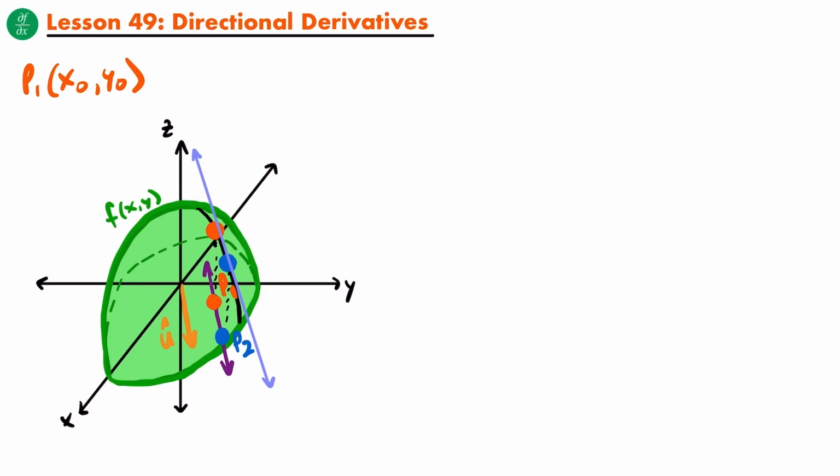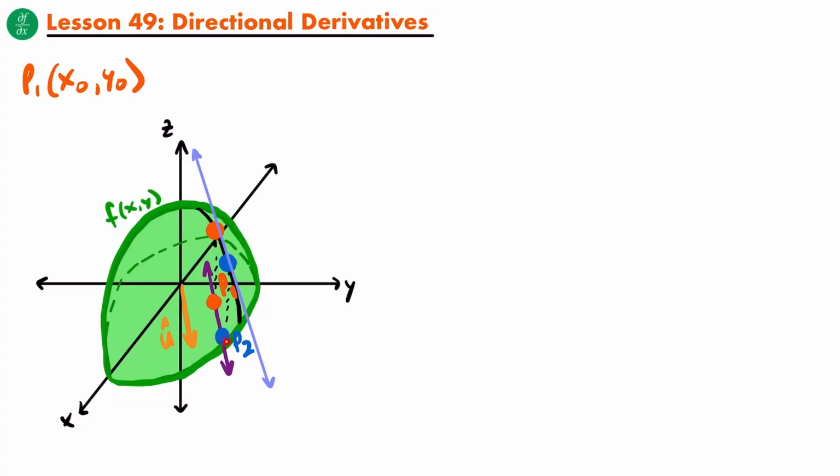All right, in other words, as point P2 approaches point P1, this secant line approaches the tangent line at this point, which would have the slope that we are interested in, the derivative in the direction of this unit vector. Okay, hopefully you can see the similarities to our limit definition of a derivative from Calculus 1. It really is the same idea here.